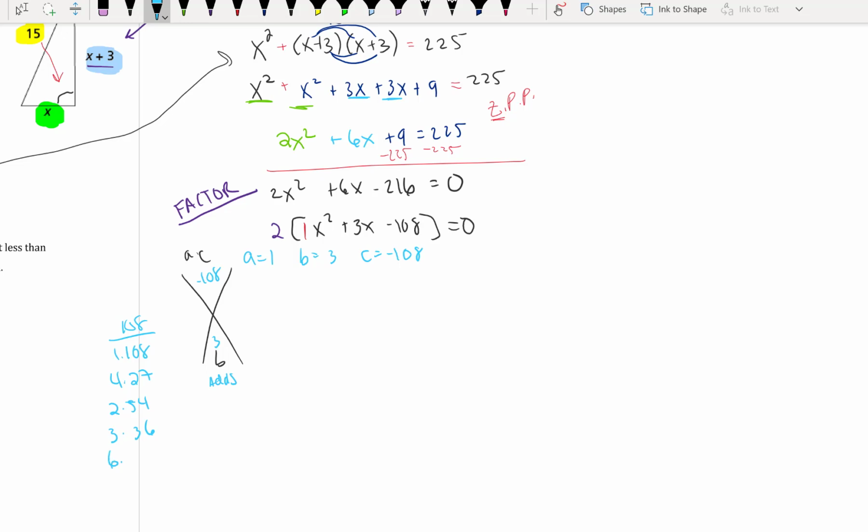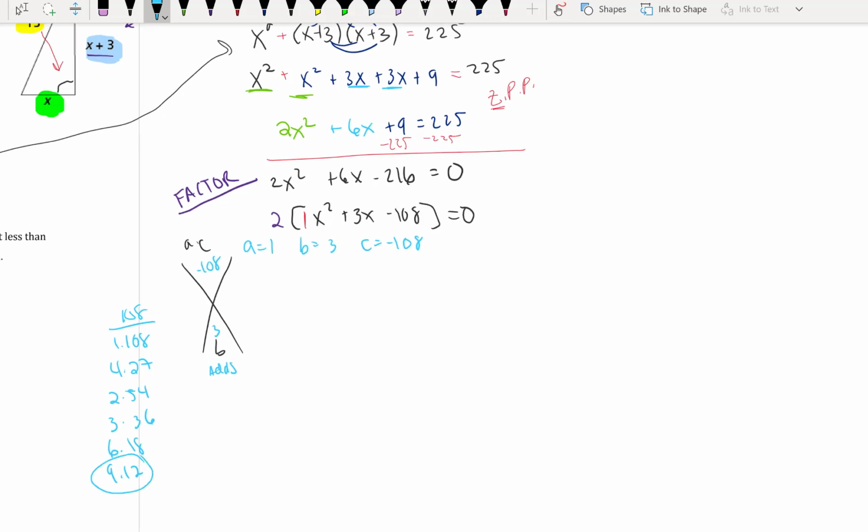And I have 6 times 18. And I also have my 9 times 12. So it definitely looks like the 9 and the 12 will add up to give you a 3. The way to add those up to give you a 3 would be a positive 12 and a negative 9, which will give you a positive 3, which is what you want.